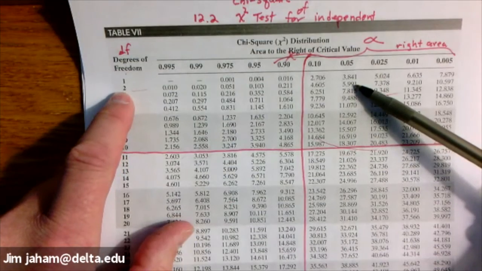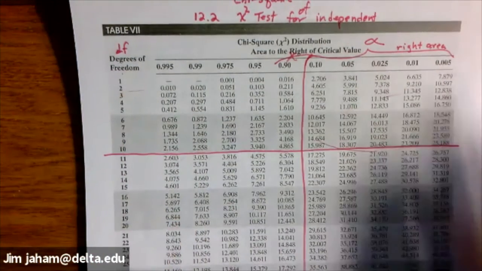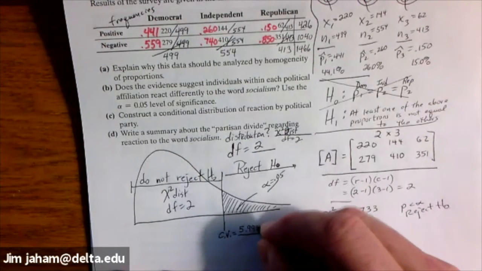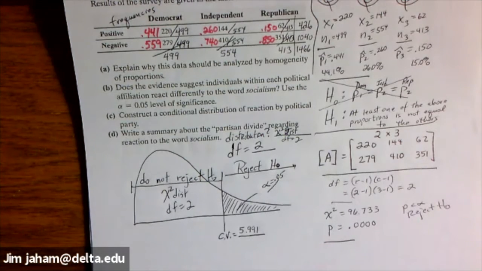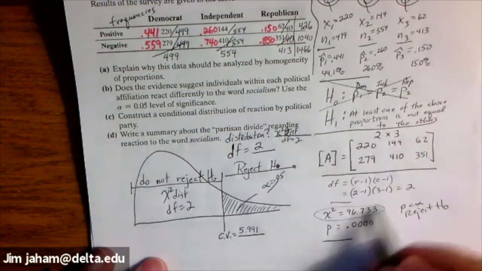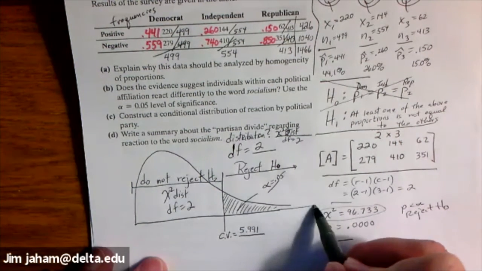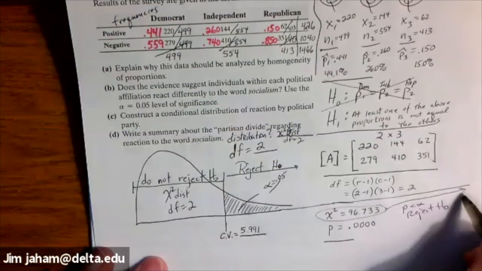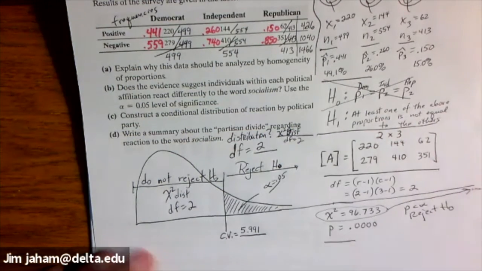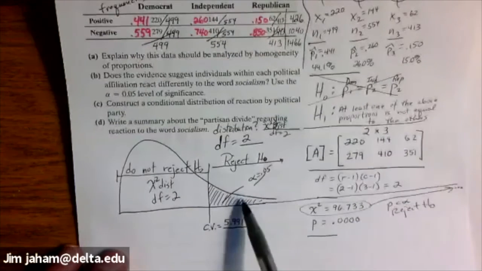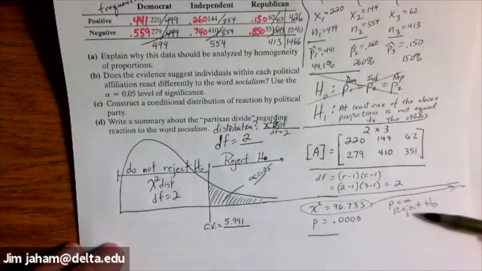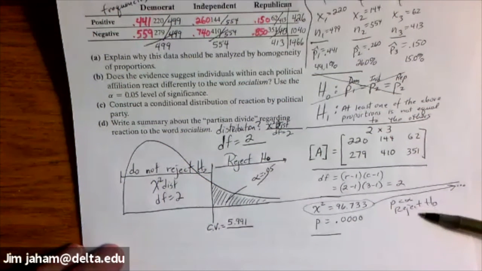So 5.991. And this guy, we're going to be plotting on this scale. And so it's just going to go way over there. But it's definitely in the reject region. So from the classical approach, our decision based on the p-value approach is confirmed.